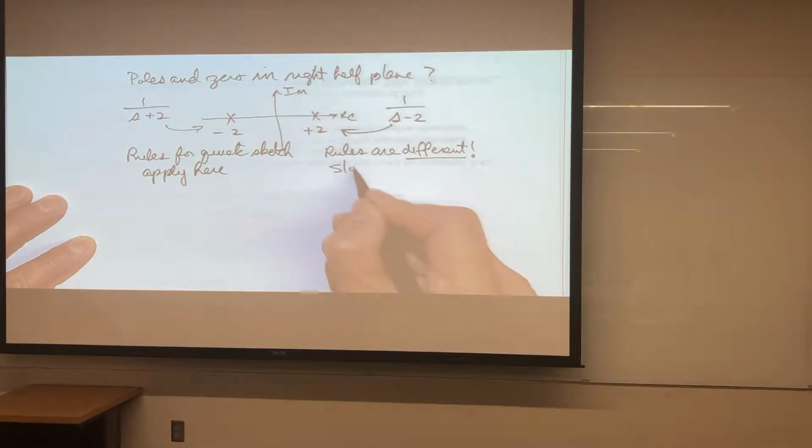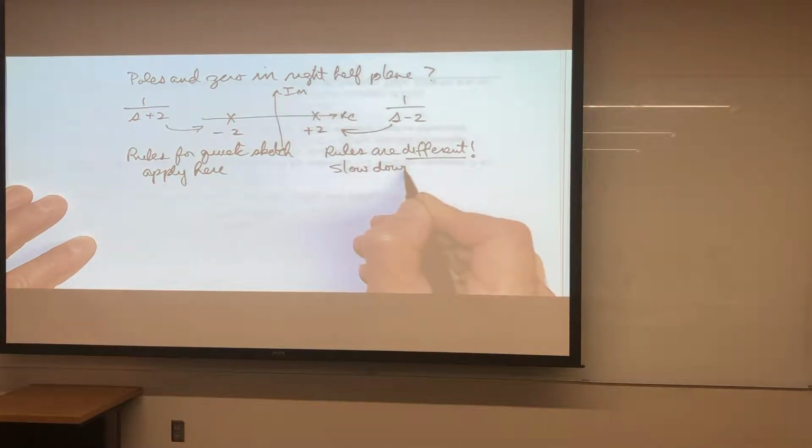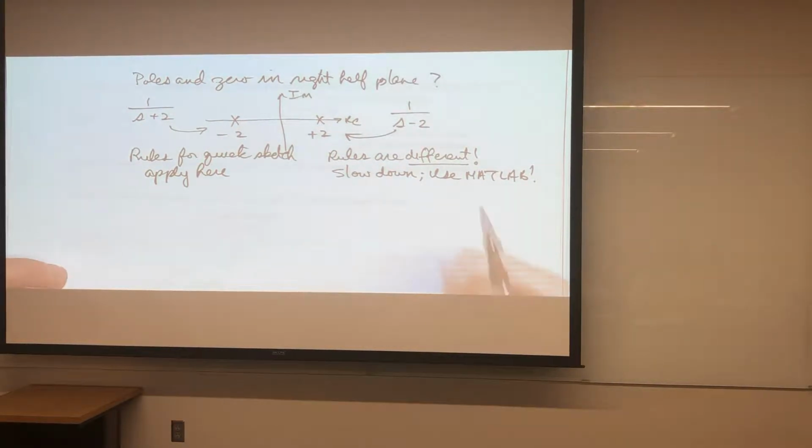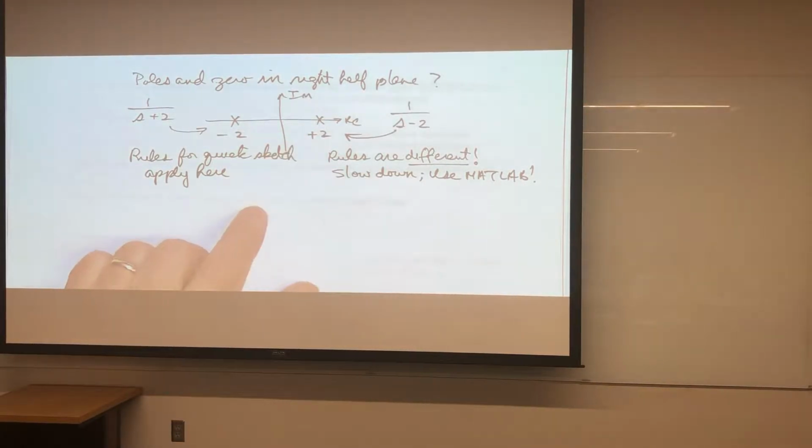Slow down. Use MATLAB or something like that. Use some calculator to do the work. As soon as you see a minus sign, you need to arrest yourself and say, wait, this is something with a characteristic over here in the right half plane, and I need to arrest myself.